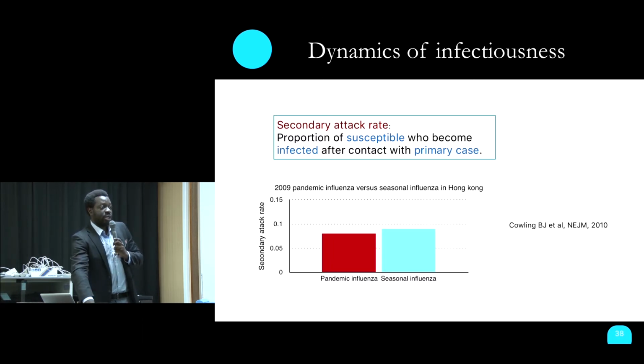This one, they call the secondary attack rate. This is just an example. In the 2009 pandemic influenza, they were comparing the attack rate between the pandemic influenza and the seasonal influenza. They found that within the households, the secondary attack rates of both conditions were almost similar.